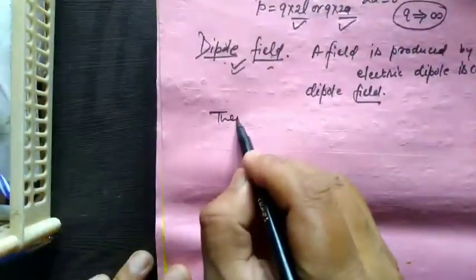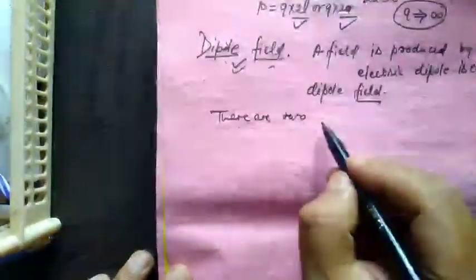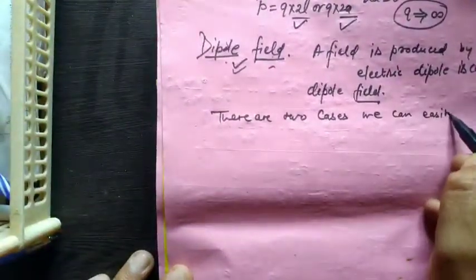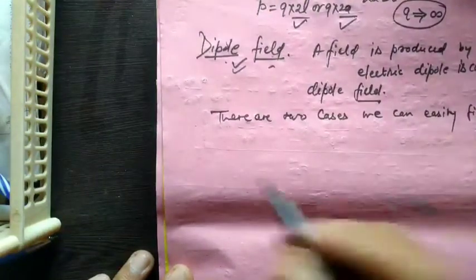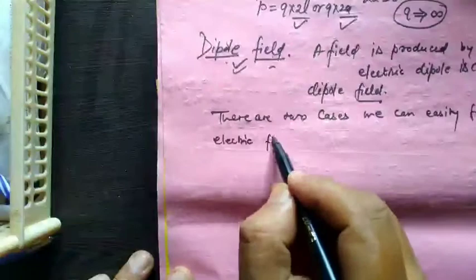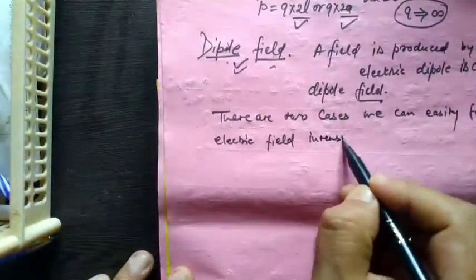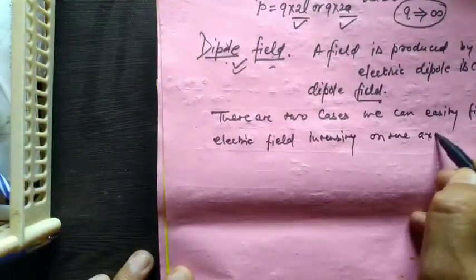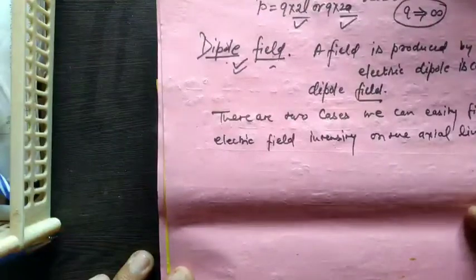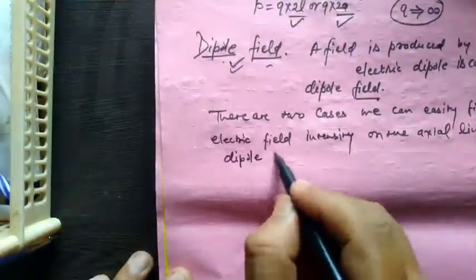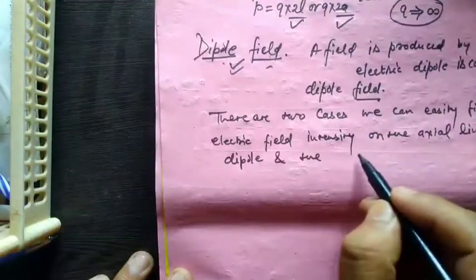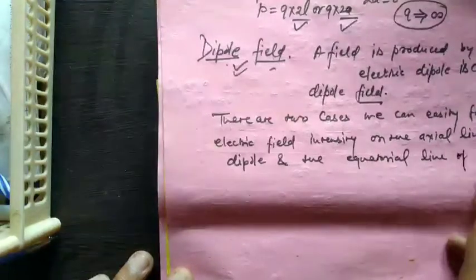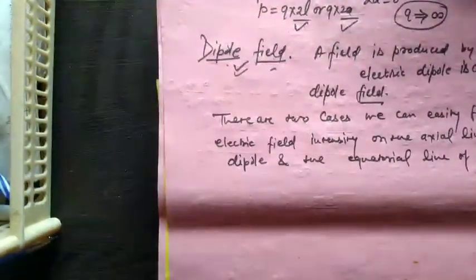There are two cases, and we can easily find the electric field intensity on the axial line of the dipole and on the equatorial line of the dipole.